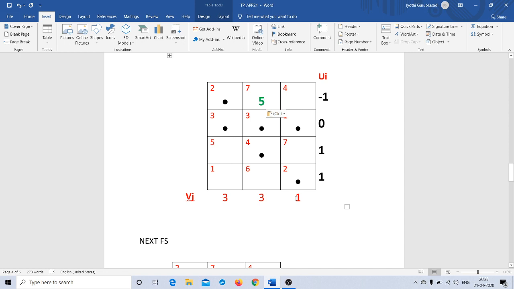Similarly, this is 1 minus 1 is 0, 4 minus 4 is 0, so I get 0 here. Then come to this cell. 3 plus 1 is 4, 5 minus 4 is 1. Then I come here. 1 plus 1 is 2, 7 minus 2 is 5. Then I come here. 3 plus 1 is 4, 6 minus 4 is 2.